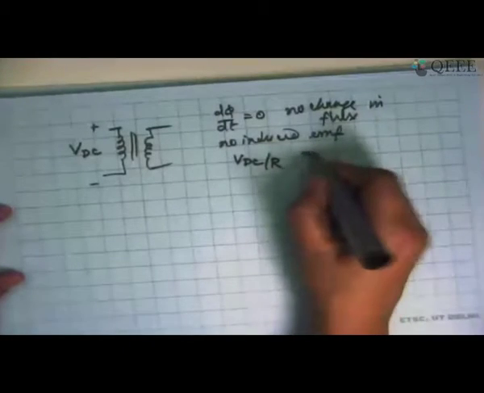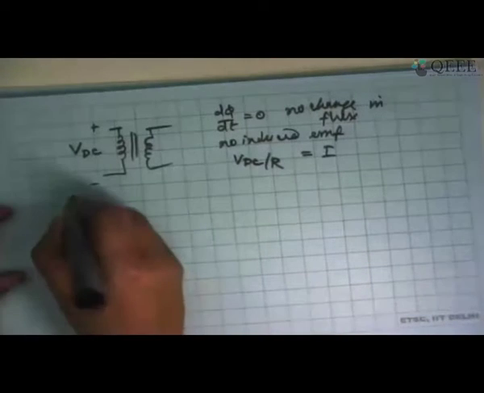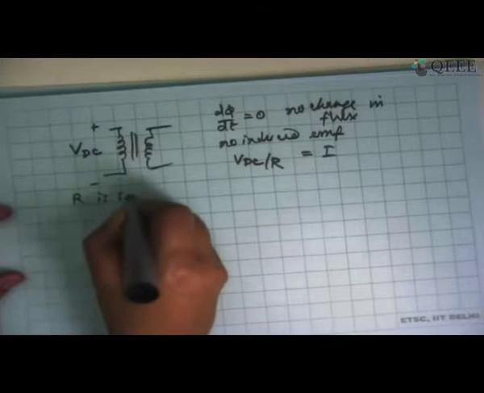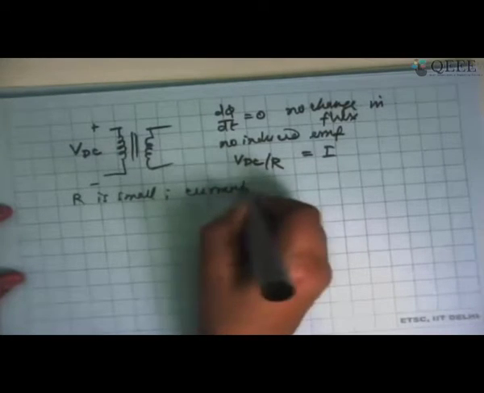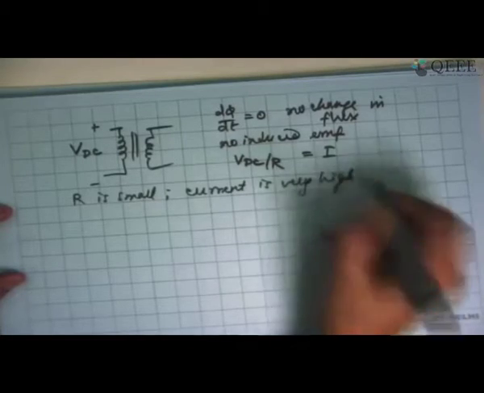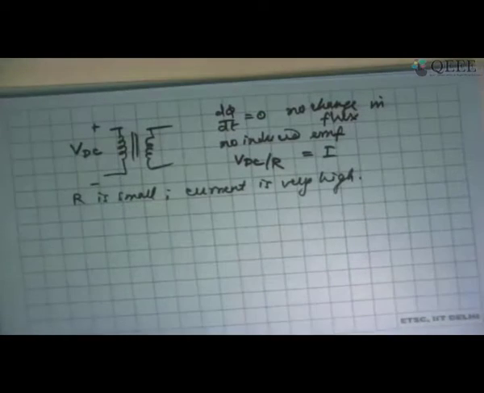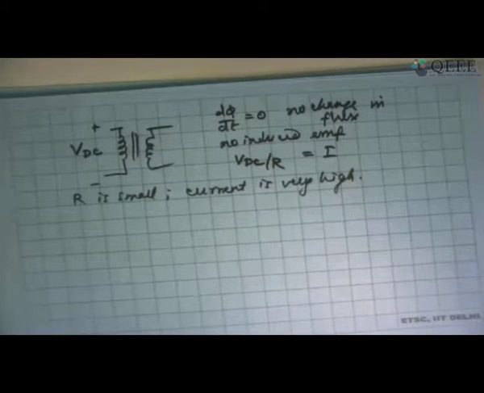That is going to be the current. The resistance is normally very, very small, so the current is going to be enormously high. The transformer will burn because it is as good as short circuiting the positive and negative. So it is definitely not a good thing to connect DC. Transformers work only on AC, not on DC.